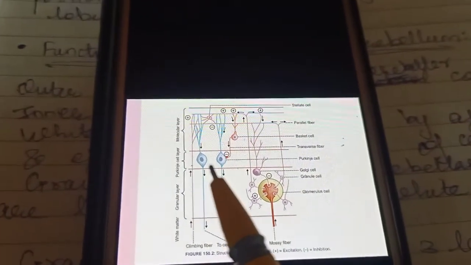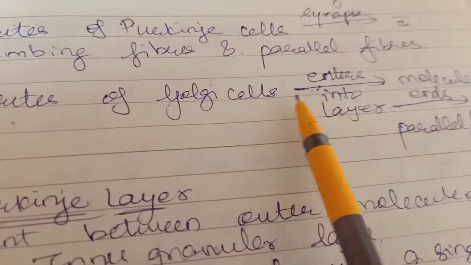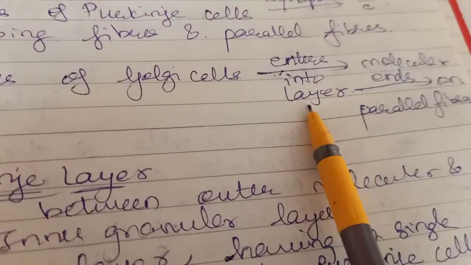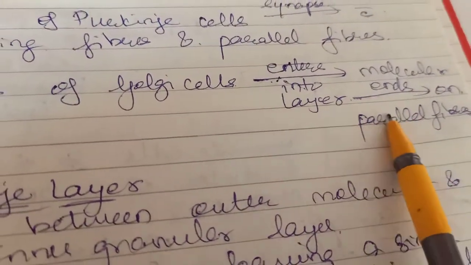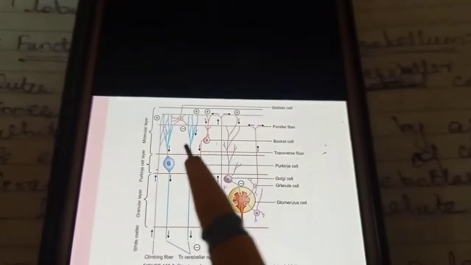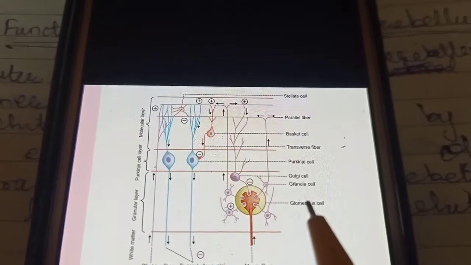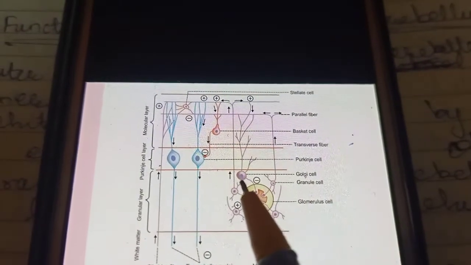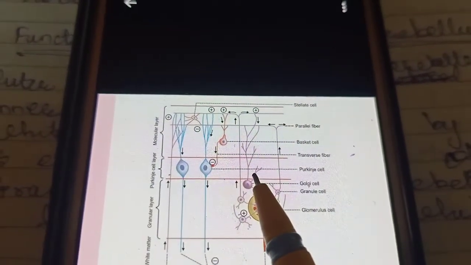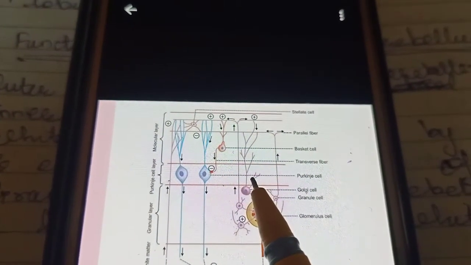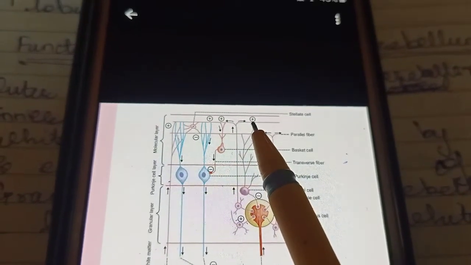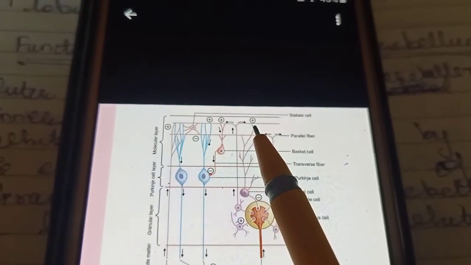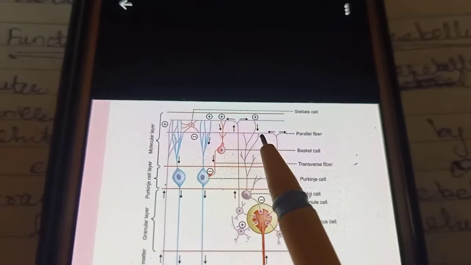The next cell junction is the dendrite of the Golgi cells. It enters into the molecular layer and ends on the parallel fibers. So this is the Golgi cell, and its dendrites enter into the molecular layer and end in the parallel fibers.